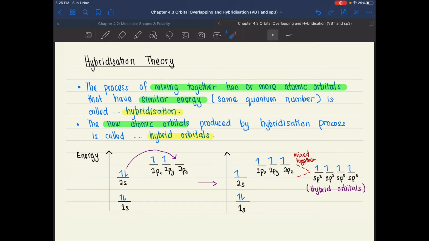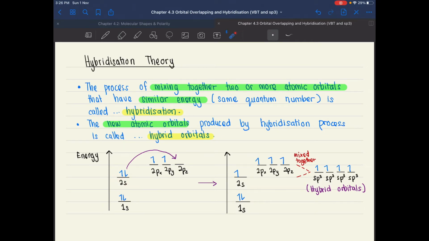Let us look at this example to help us understand hybridization. This orbital diagram is for carbon, 1s2, 2s2, 2p2. 2s has higher energy than 1s because its principal quantum number is higher than 1, and then 2p is higher in energy than 2s.